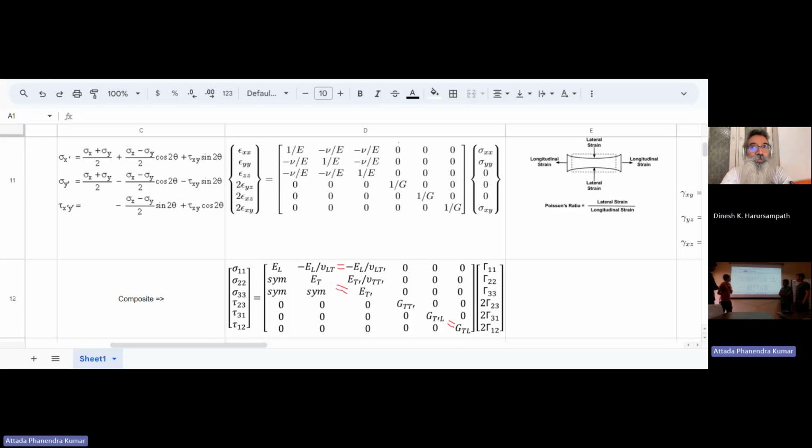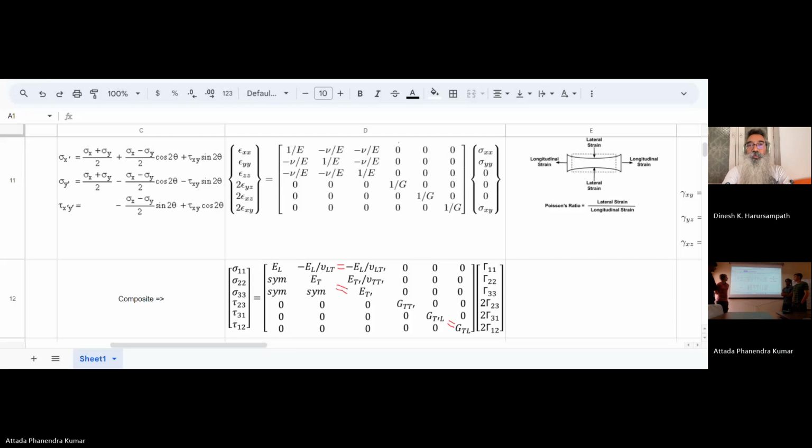And then we finalized the matrix from class just to fit in, and it does relate the stress and strains well for composites. So we've done all the equations. And then we're going to talk about the derivation of the C44, which is the shear modulus in the transverse system.